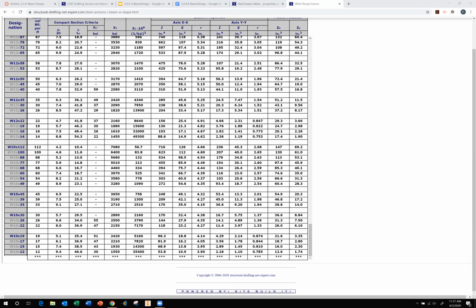So what I'm going to do is write some properties of the 12 by 14. I'm going to write the fact that its ZX is 17.4 inches cubed. And I got that by going right here and writing this number right here. I also want to know its moment of inertia. In the last question, some folks asked, how do I calculate the moment of inertia?